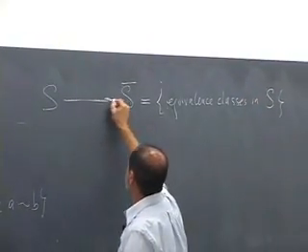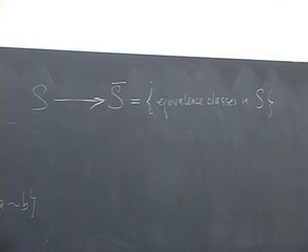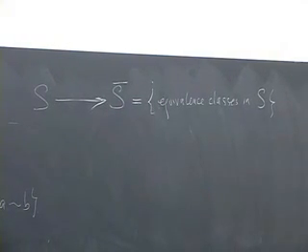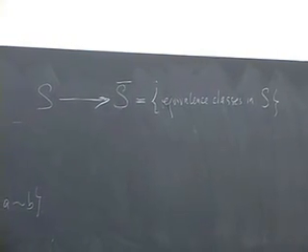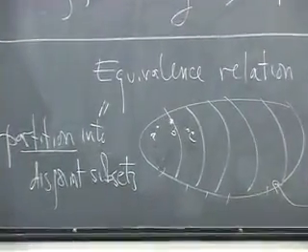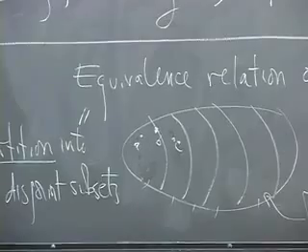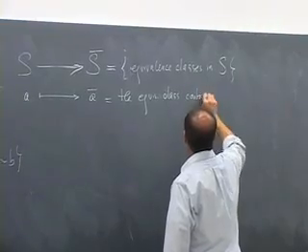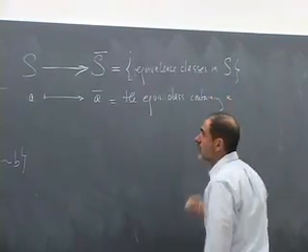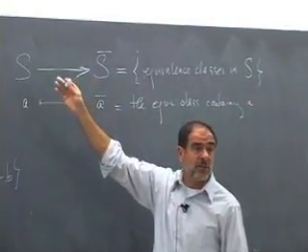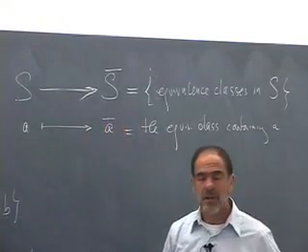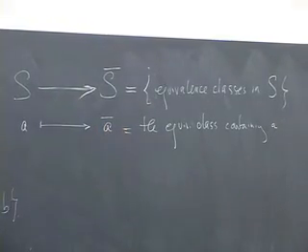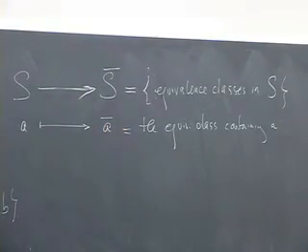There's a map from S to S bar that takes an element A in S into the equivalence class containing A. So this might be written like this: A goes to A bar, the equivalence class containing A. So this map is not an injection of sets, but it's surjective. Everything in S bar comes from S because every equivalence class contains something.